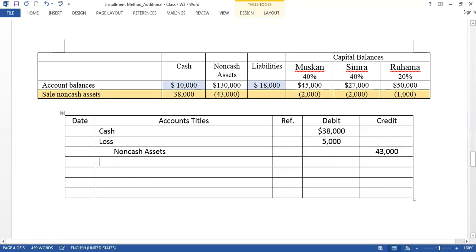Now you have to write the narration, something like: to record sale of non-cash assets.